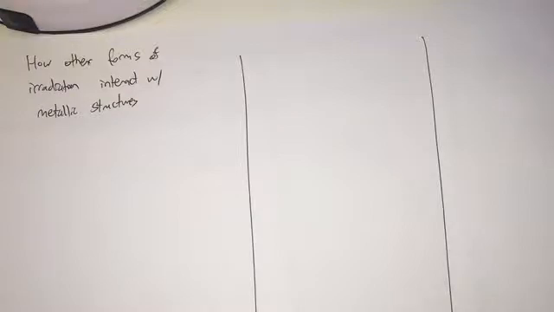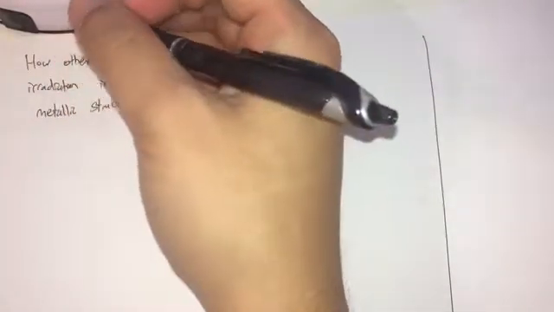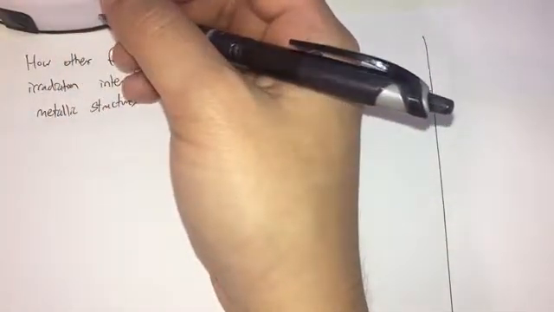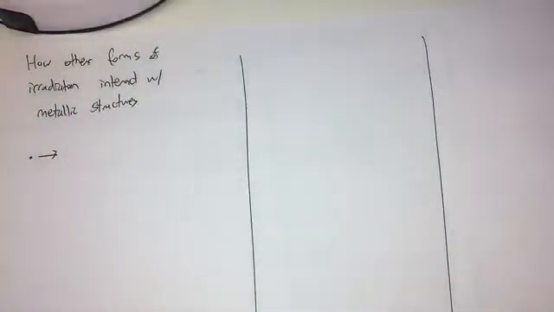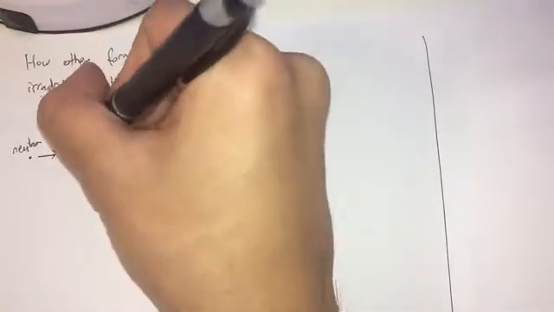So in our last video, we discussed how neutron irradiation causes PKAs to occur, causing displacement spikes and lots of vacancies. So we've discussed neutron radiation, and we can also discuss how these vacancies can interact. So we have a neutron here, vacancy.